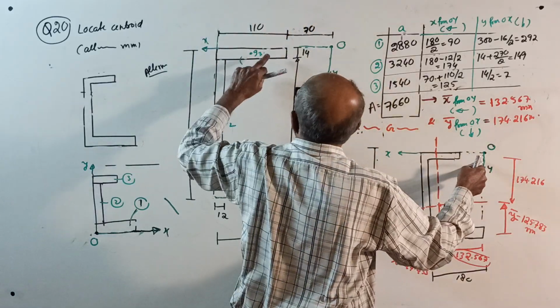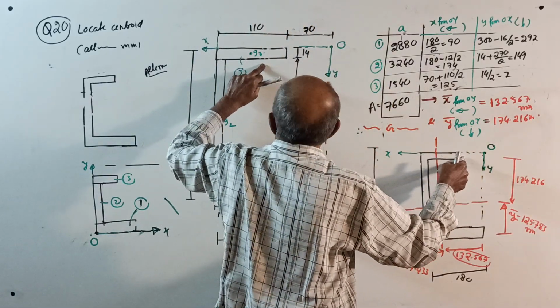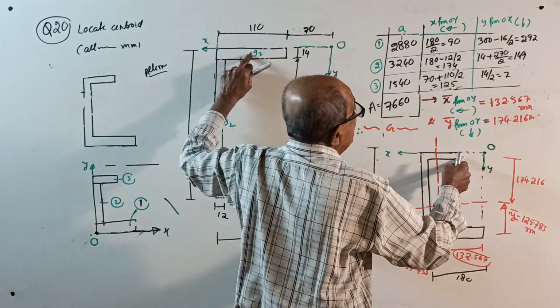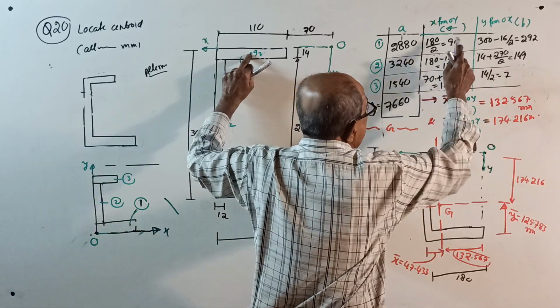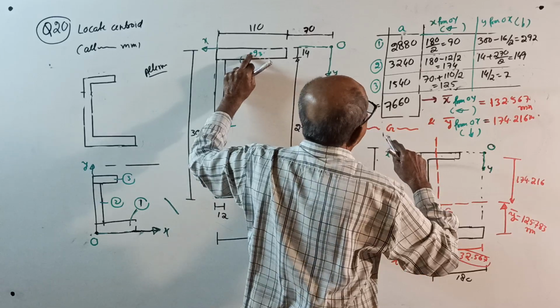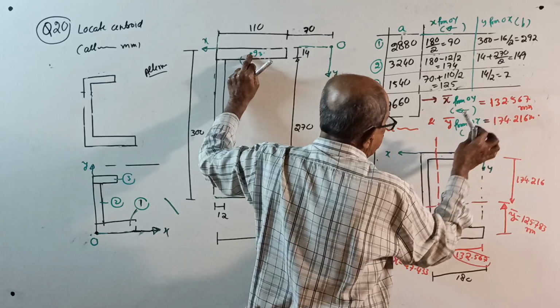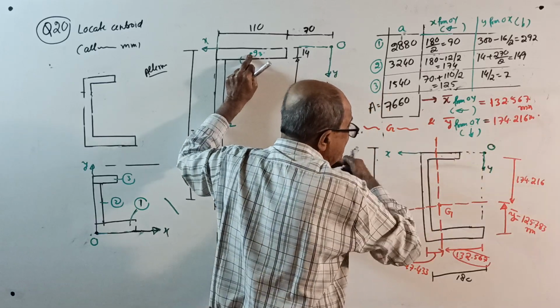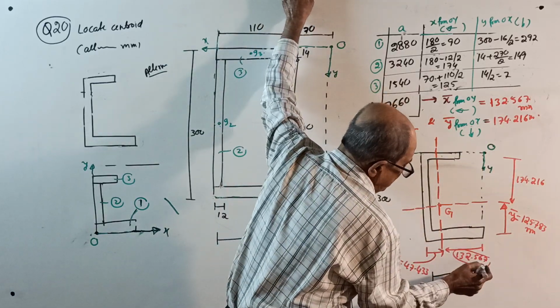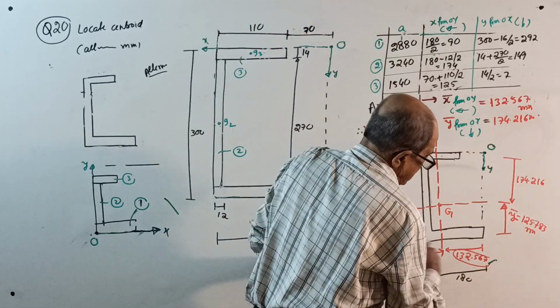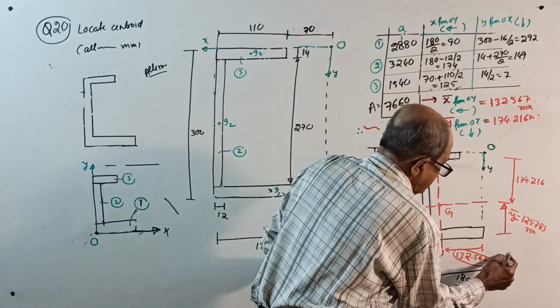132. See, 70 gap plus half of 110 is how much it is? 90. Last one, it is 125. But x bar came 132. So from center, slightly this side, correct? See, now this is your y bar. This is your calculated y bar.